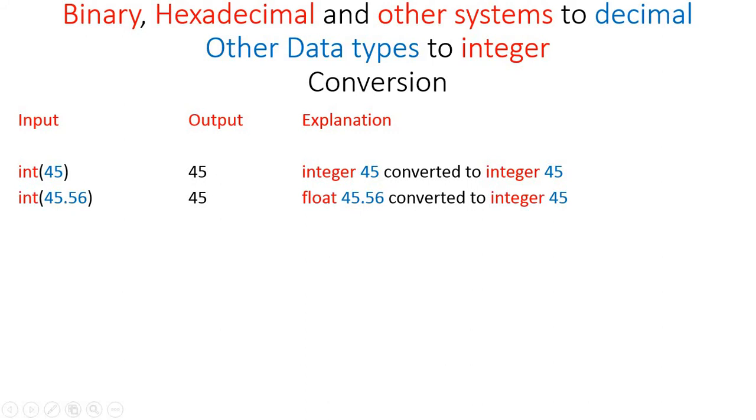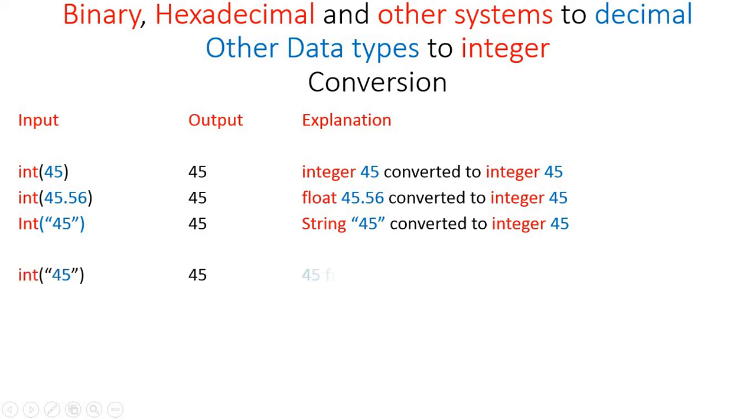If you want to convert a float into an integer, just type int and then a floating number. It will be converted into an integer and the decimal point will be removed because integer doesn't contain any numbers after the decimal point. Here a string which is enclosed in quotation marks is being converted into an integer.